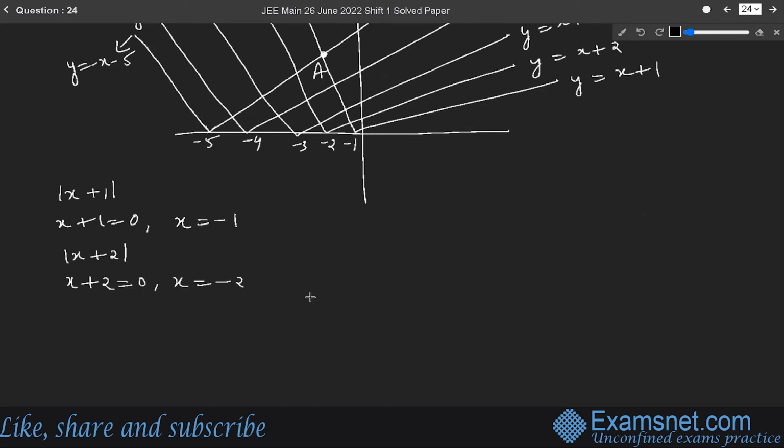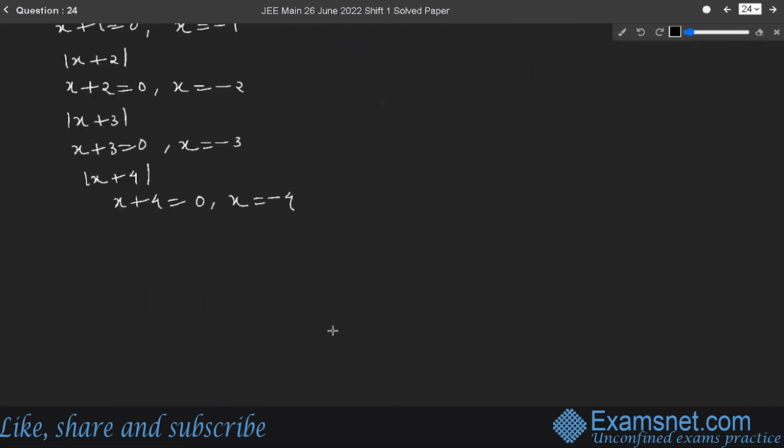So x will be equal to minus 2. Similarly, for mod of x plus 3 equal to 0, x will be equal to minus 3. For mod of x plus 4 as a critical point, x plus 4 will be equal to 0 and x will be equal to minus 4. And for mod of x plus 5 as critical point, x plus 5 is equal to 0. So x will be equal to minus 5.